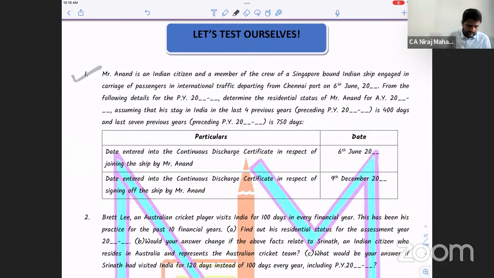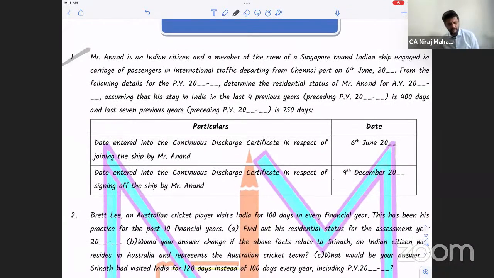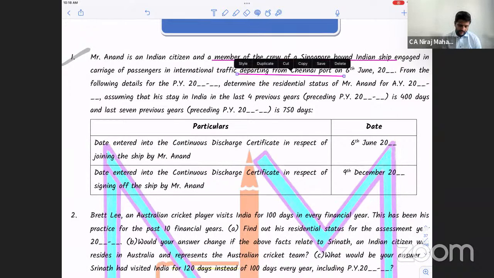Mr. Anand is an Indian citizen and a member of the crew of a Singapore bound Indian ship, which is going to Singapore. The ship is doing business of transport of passengers in international traffic, departing from Chennai port. So origin is in India and destination is Singapore. Is it an eligible voyage or not?